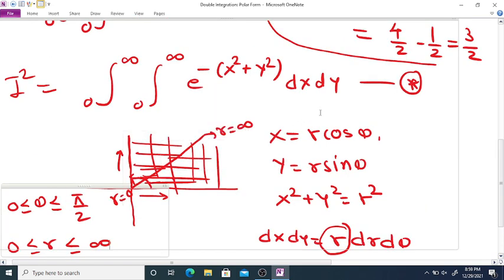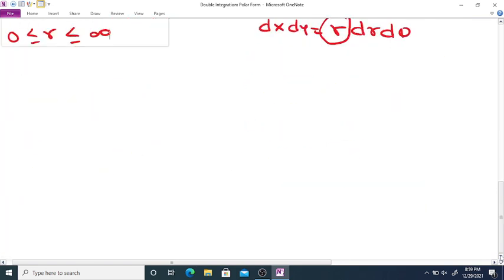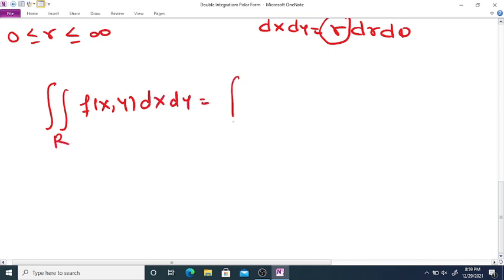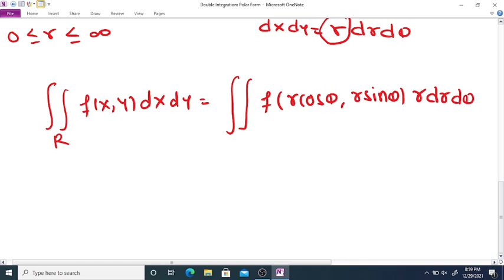Therefore equation star becomes: the integration of f of xy dx dy over the given region R is equal to the double integration of f of x equal to r cos theta, y equal to r sin theta, with Jacobian r dr d theta.